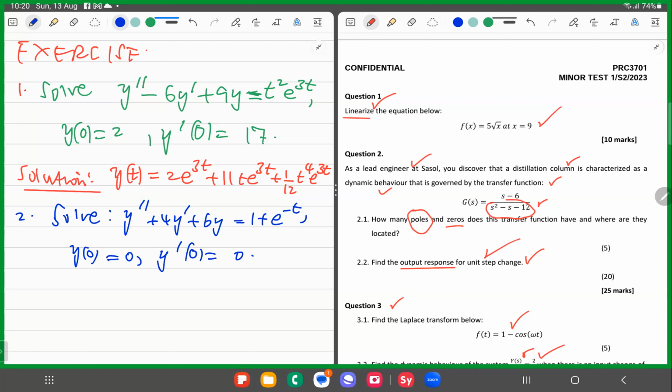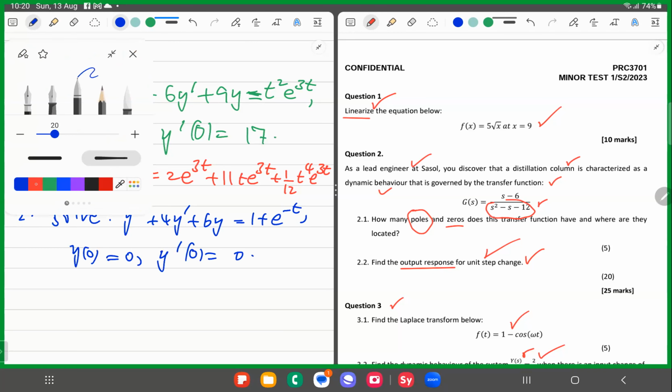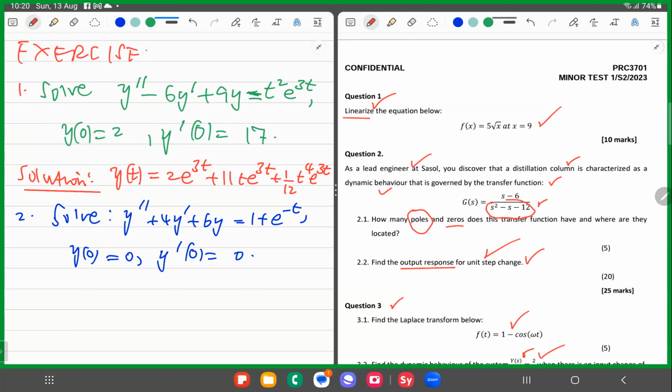If you do these very correctly, you will get the following answer. Because I've already done this, in other words, the answer is the following.